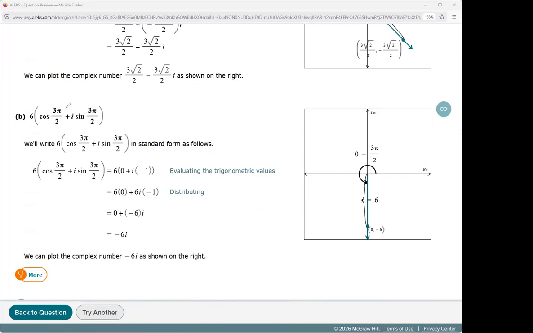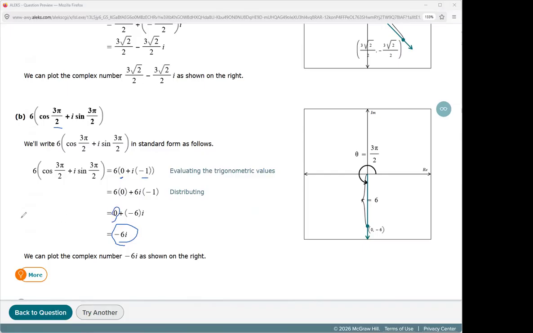Cosine 3 pi over 2 and i sine 3 pi over 2. Again, plug it in. Oh, sorry, not calculator. Unit circle is better. Find this on the unit circle. That'll be 0 for this one right here. And you're going to have -6i left because the other one is 0.